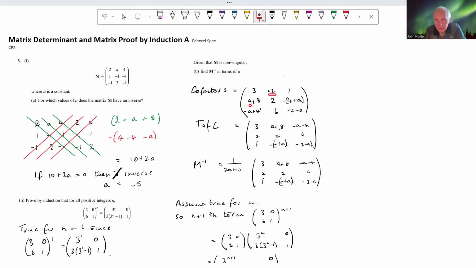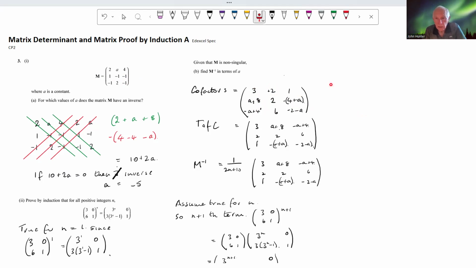So we apply the same treatment to all of these. For this element here, we take out those, and then it's the determinant of what's left, again subject to the sign. The signs go positive, negative, positive, negative, positive, negative, positive, negative, positive. Those are the signs that we apply once we've worked out the determinant.